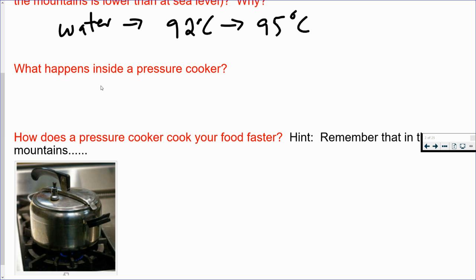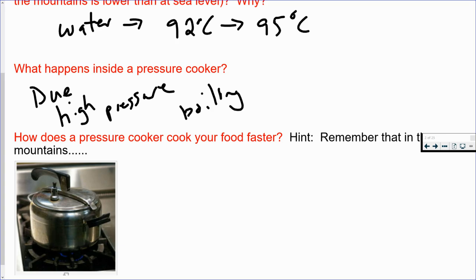So, due to high pressure, boiling point increases.